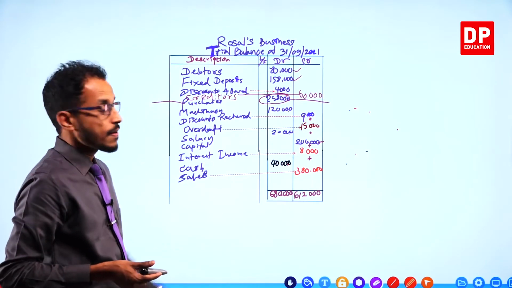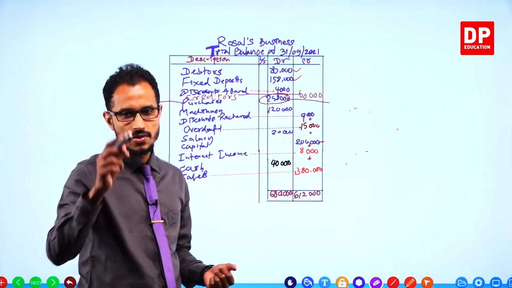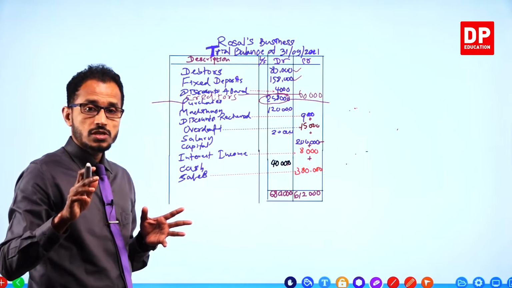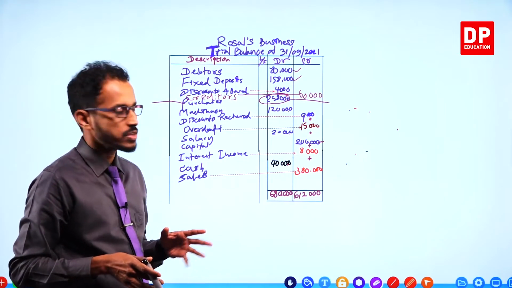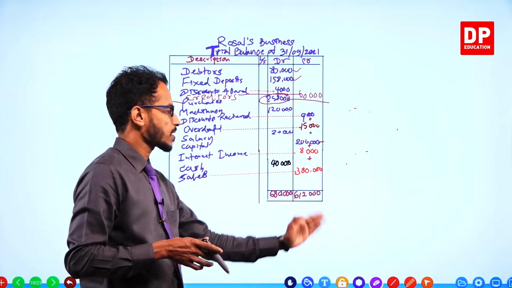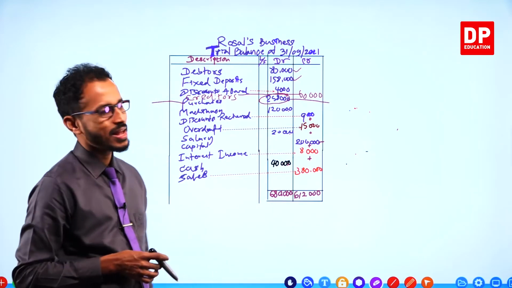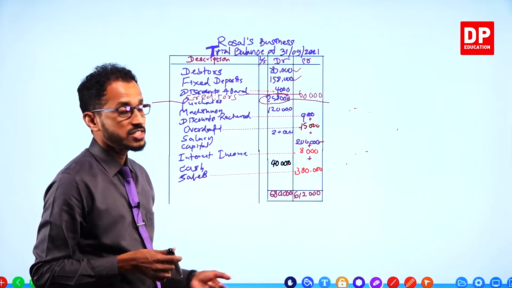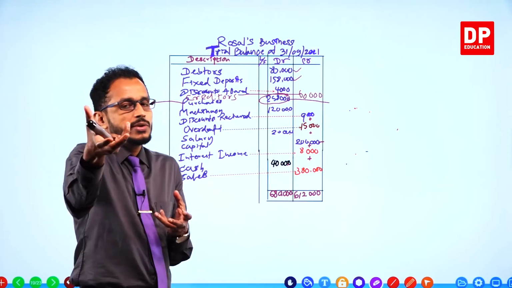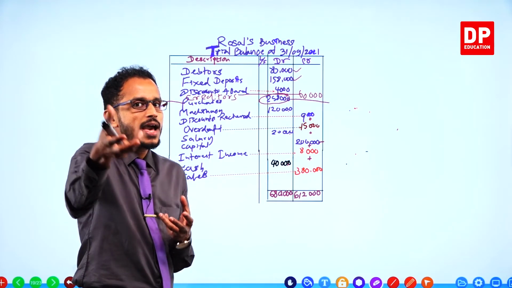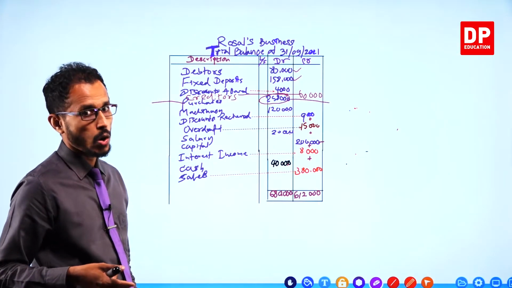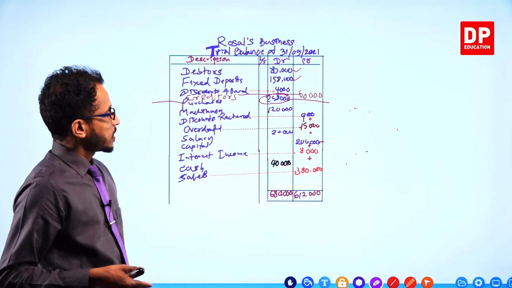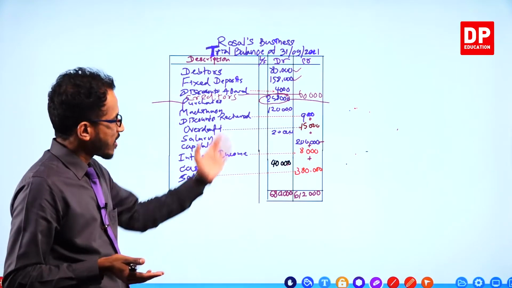I actually made these errors just to make you interested in this statement in the trial balance, just to arouse your curiosity and to trace what has gone wrong.